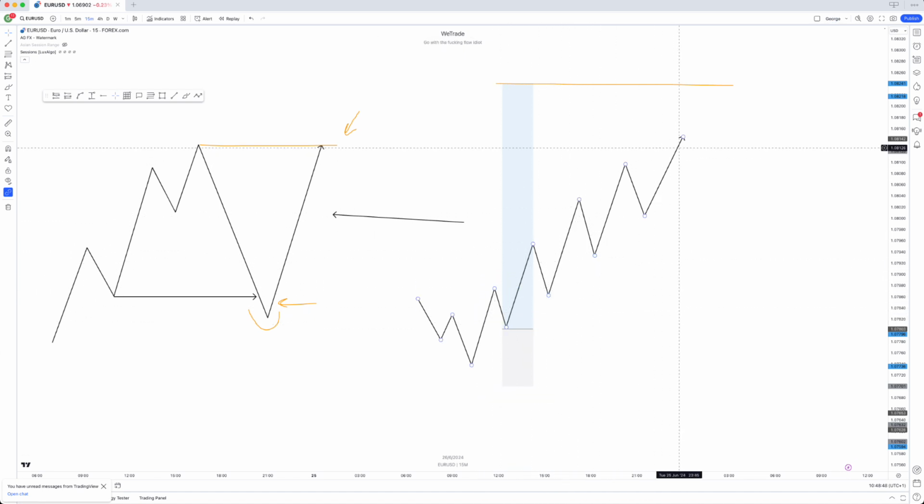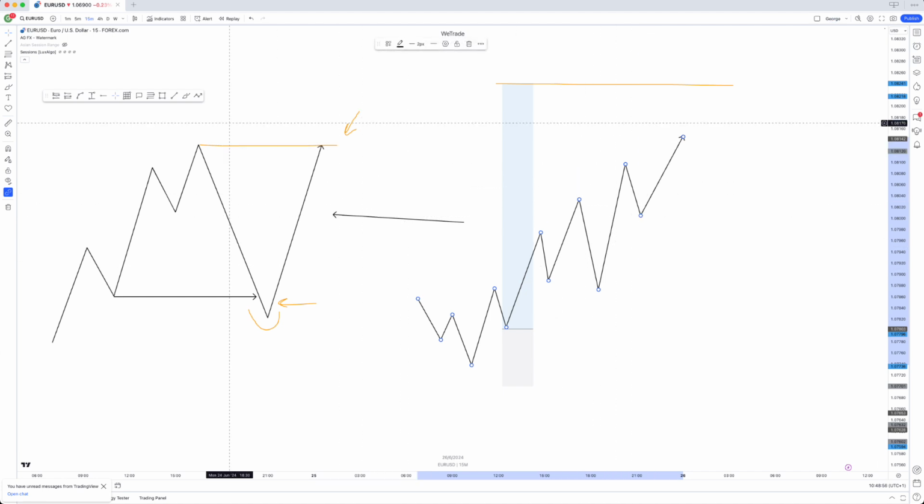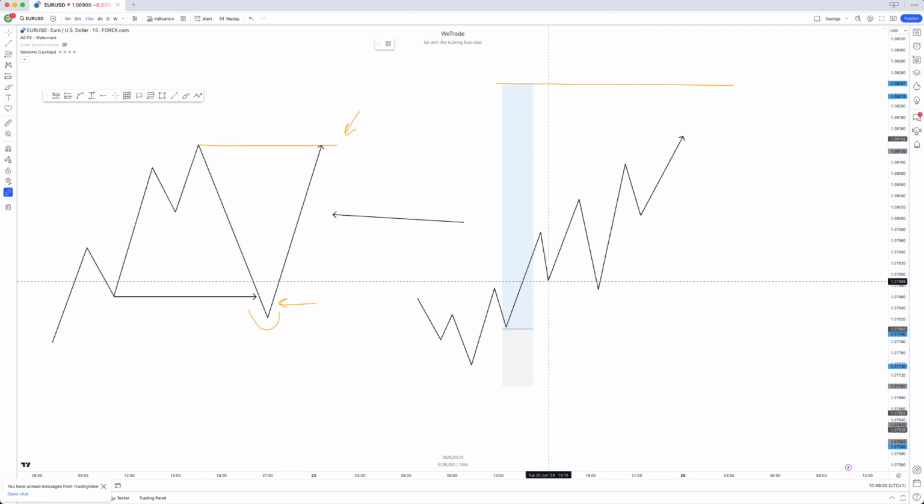So let's say, for example, we do something like this. Okay, we have another sort of lower time frame confirmation. Okay, we have maybe another run on liquidity. Again, anybody that knows me, I'm a big advocate for focusing a lot on liquidity. Okay, what we then might see, we might then see a sort of confirmation model in here. So we then see structure realign with that overall bullish move.